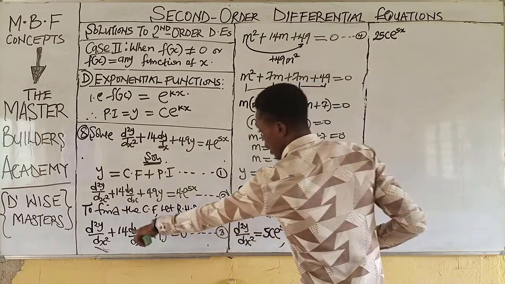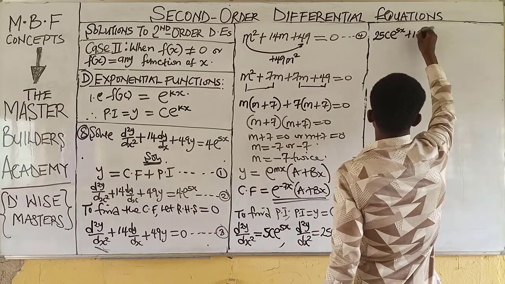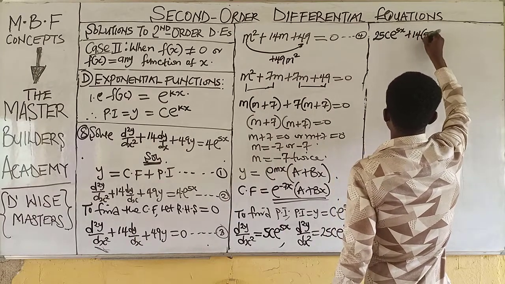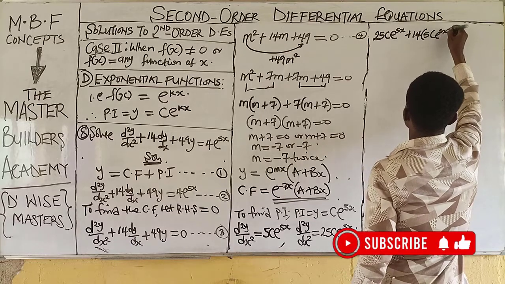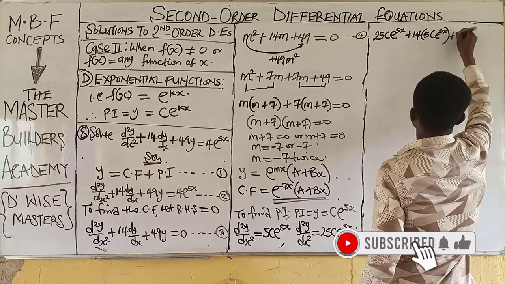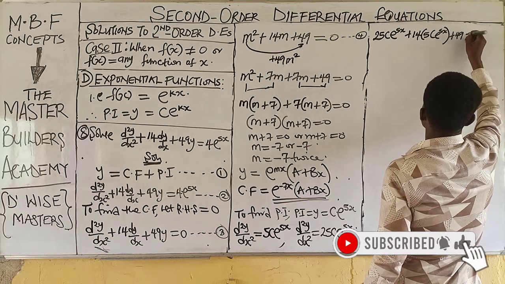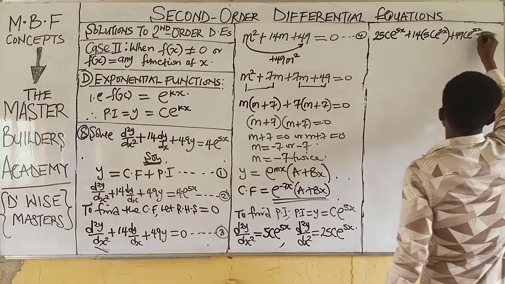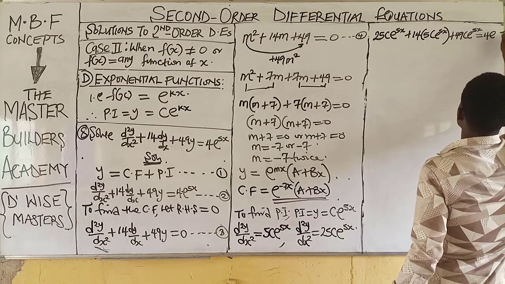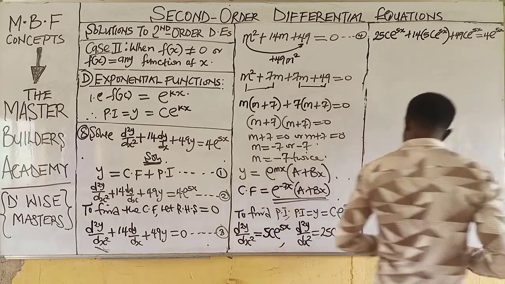Then in place of this other guy, we have 14 multiplied by 5c exponent 5x. Then plus 49 multiplied by what? c exponent 5x, which is y, all equal to 4 exponent 5x.